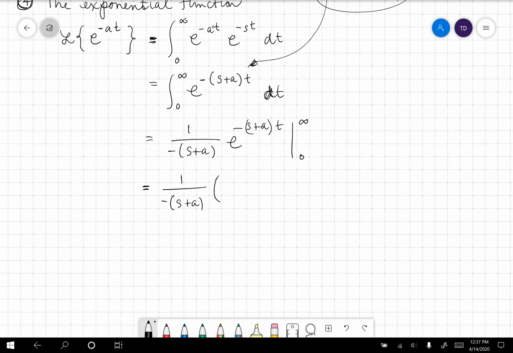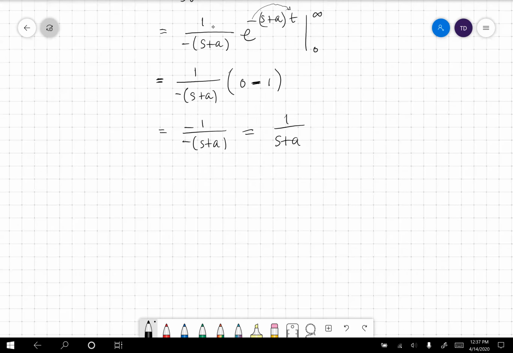When I plug in infinity, I have e to the minus infinity, which is 0, and at the lower limit, e to the 0 is 1. So all of this is equal to minus 1 over minus (s plus a), which is equal to 1 over s plus a. So the Laplace transform of e to the minus at is equal to 1 over s plus a.